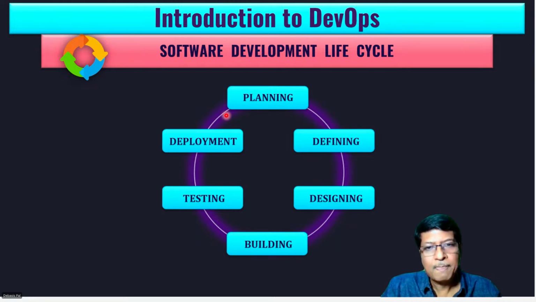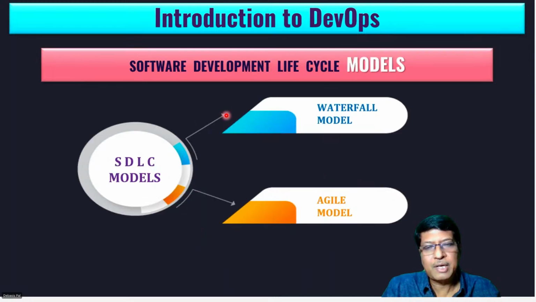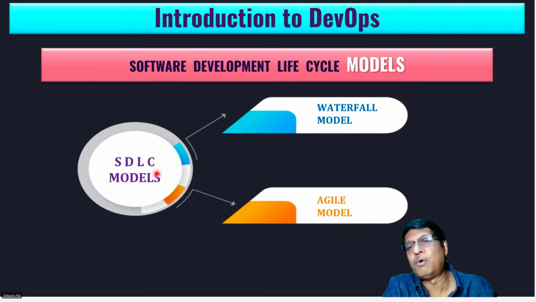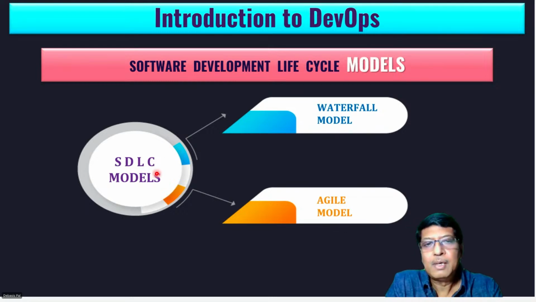I hope we are gradually learning the two very important models of SDLC. This is the waterfall model. Why we are going to learn DevOps is very important to understand the background. The waterfall model and the agile model. Now you have come across this term agile.